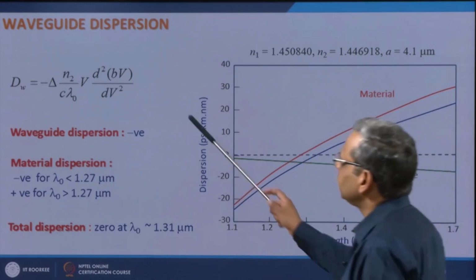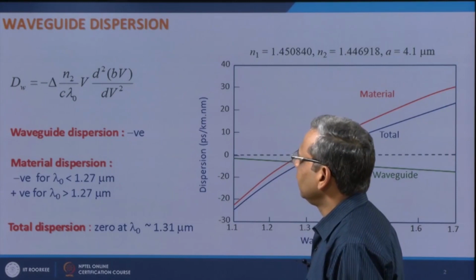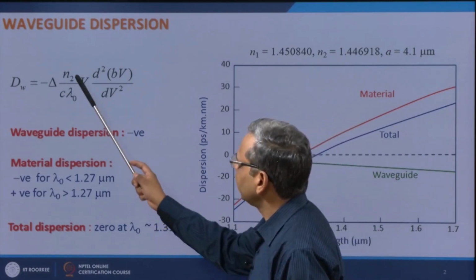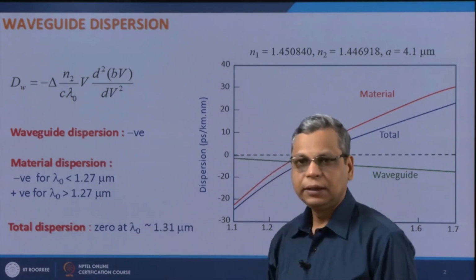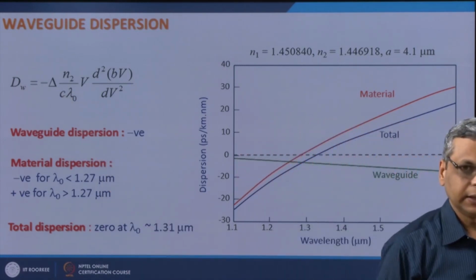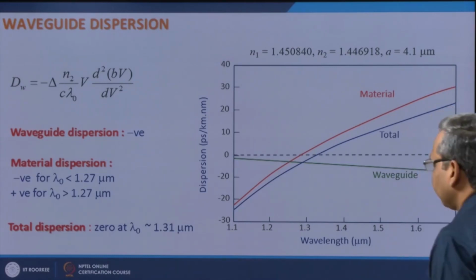Apart from this, which depends on the value of V only, in this expression we also have the cladding refractive index and the value of Delta, that is the relative index difference between the core and the cladding.